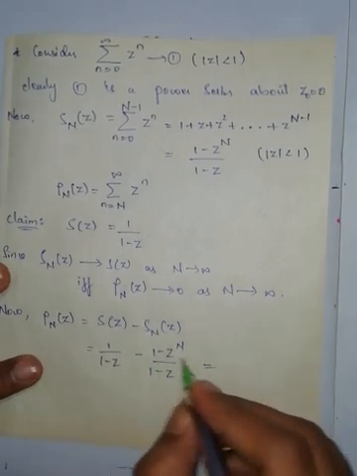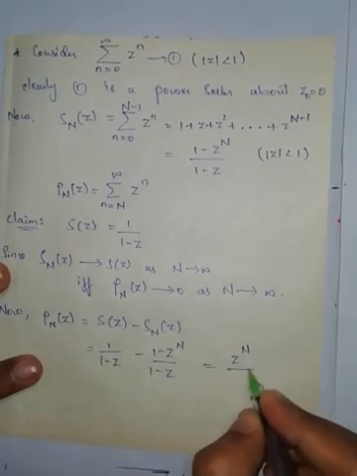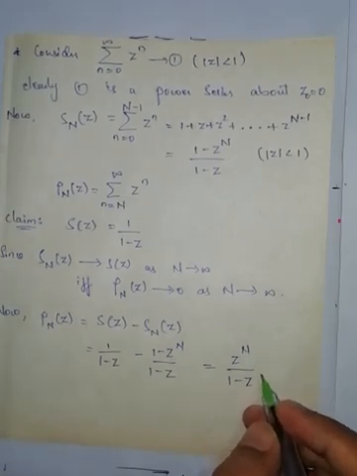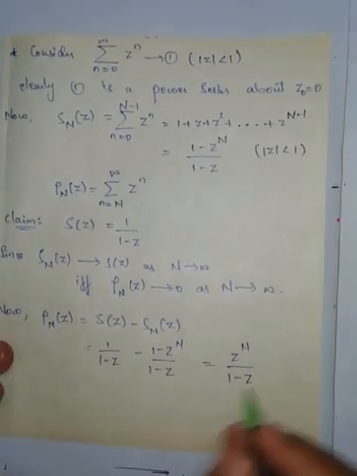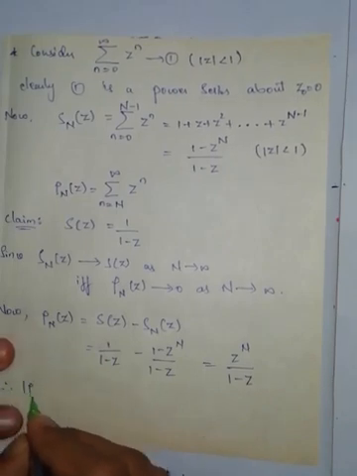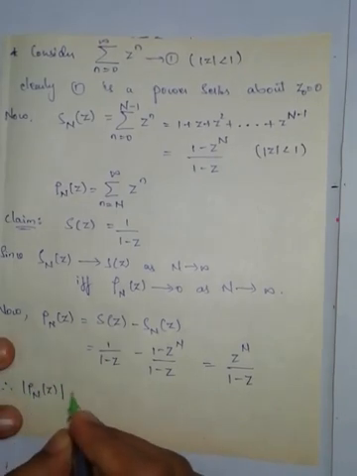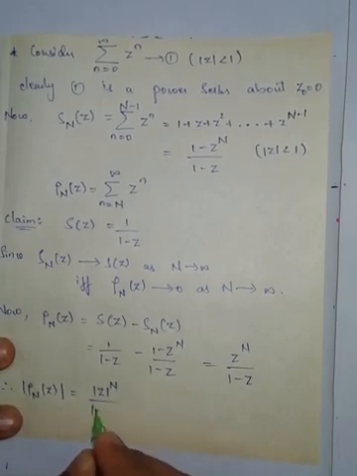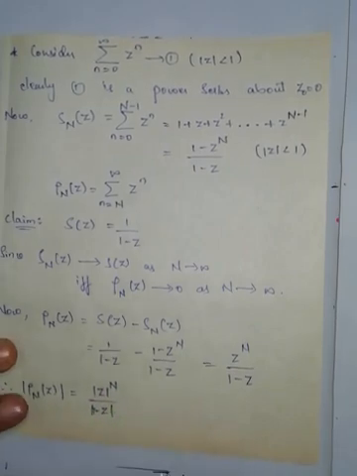Now take the LCM, 1 and 1 get cancelled, giving z to the power of n by 1 minus z. Now take modulus on both sides. Modulus of rho_n of z is nothing but modulus of z to the power of n by modulus of 1 minus z.